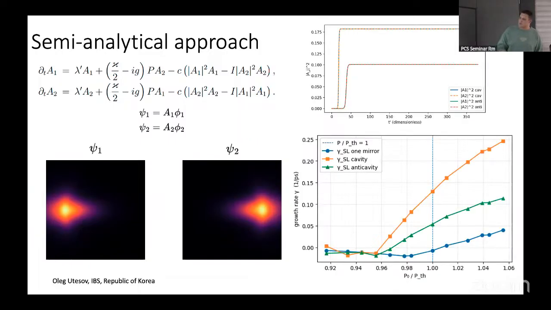So what do we observe from the simulations? First of all, at the top, you can see the cavity and anti-cavity coefficients at some certain pumping power, and at the bottom you can see the growth rate in the Stuart-Landau equations for the one mirror, cavity and anti-cavity cases.